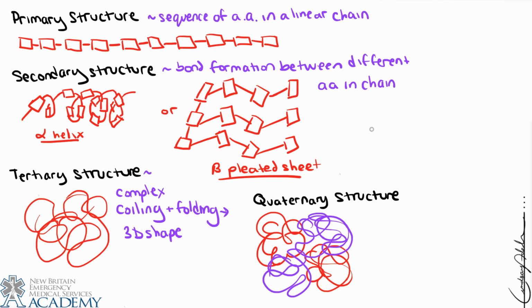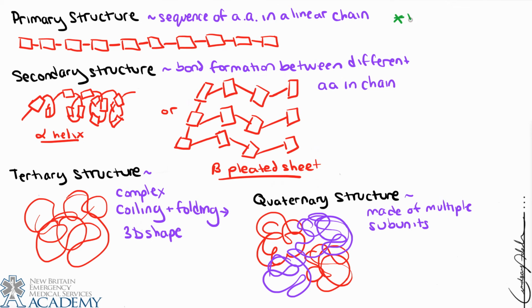A good example is hemoglobin, the molecule responsible for carrying oxygen in red blood cells. It's made of 4 subunits, 2 alpha subunits and 2 beta subunits. Think of that as 4 tertiary structures stuck together to make this large protein called hemoglobin.